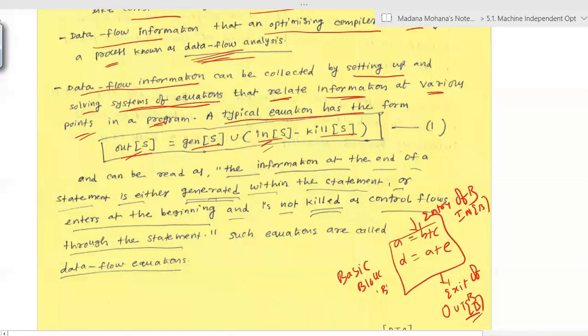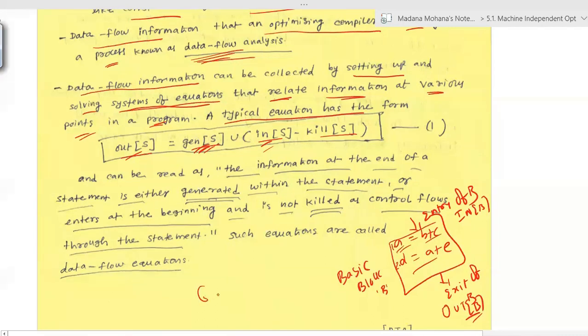Then gen of S. Suppose here statement 1 is A equal to B plus C, and statement 2 is D equal to A plus C. In a particular block, whatever definitions are defined, that means statements are generated, those are called gen of that block.